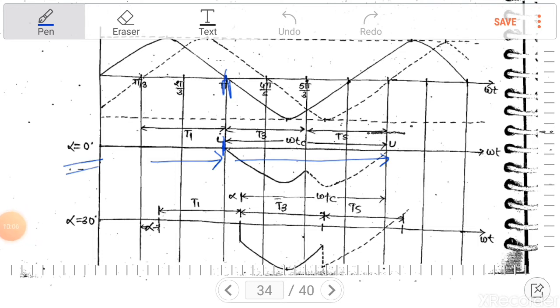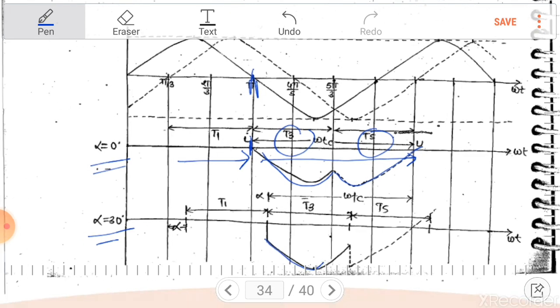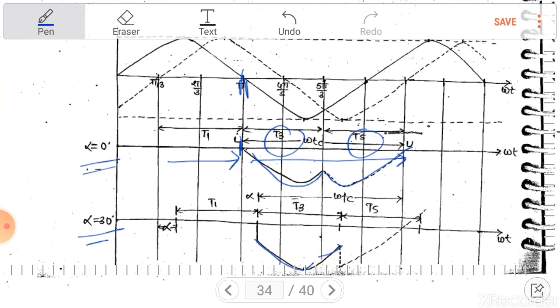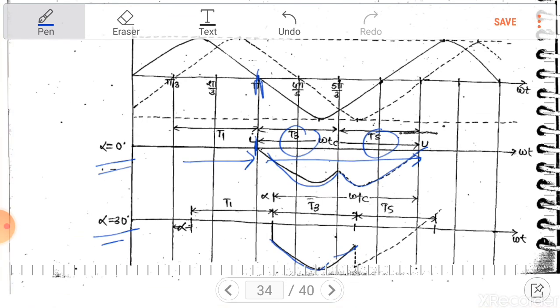See here, for alpha equal to 30 degree, what is going on? This is one line voltage, and after this the other line voltage is appearing. So in thyristor T3, the line voltage is not the same as the line voltage during T5. When alpha is increasing, the line voltage of T3 is extended up to 30 degree beyond.